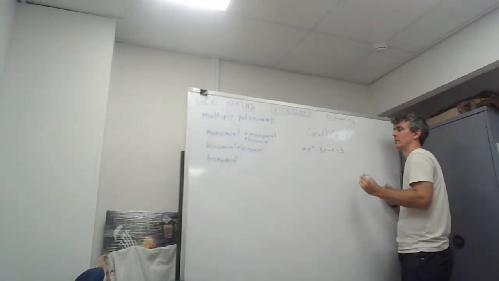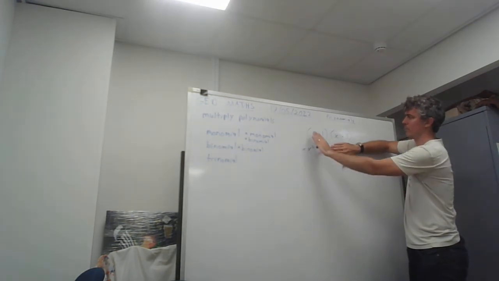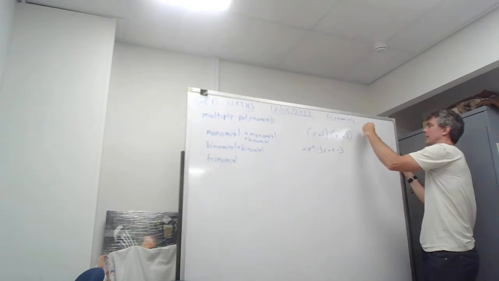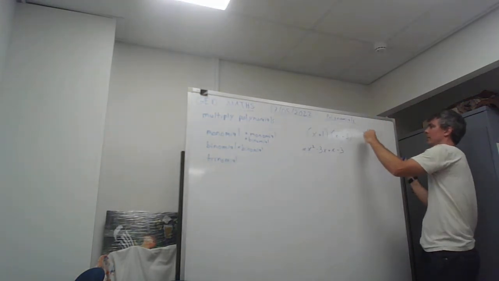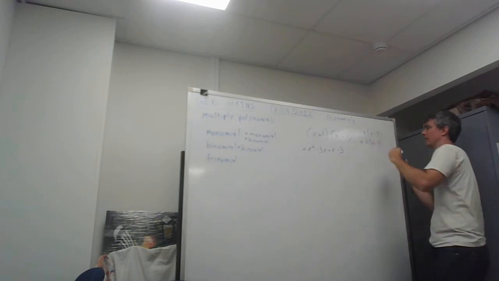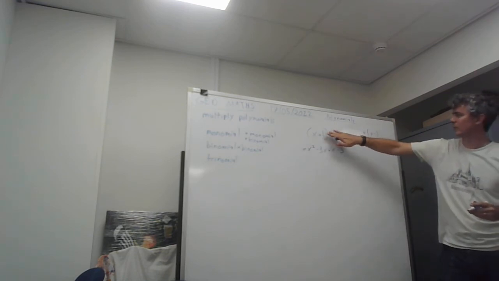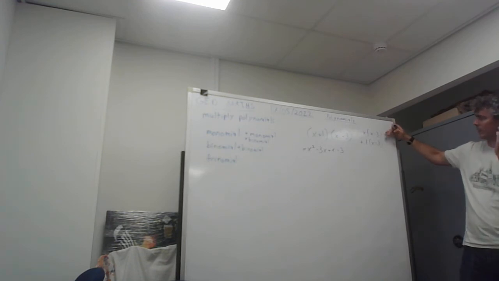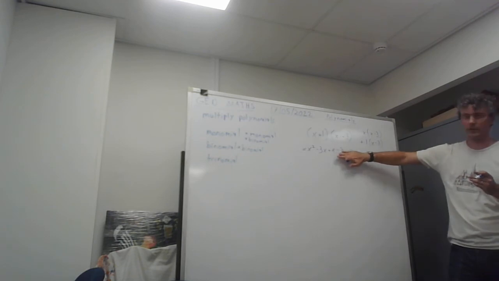So you see that? It's basically like having x times x minus 3 plus 1 times x minus 3. We took this one, multiplied it through, and we took this one, multiplied it through.